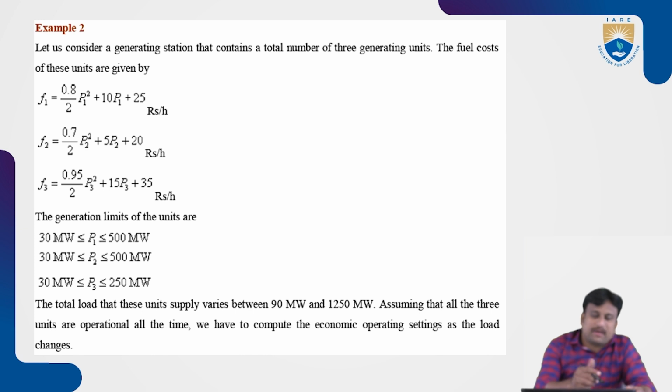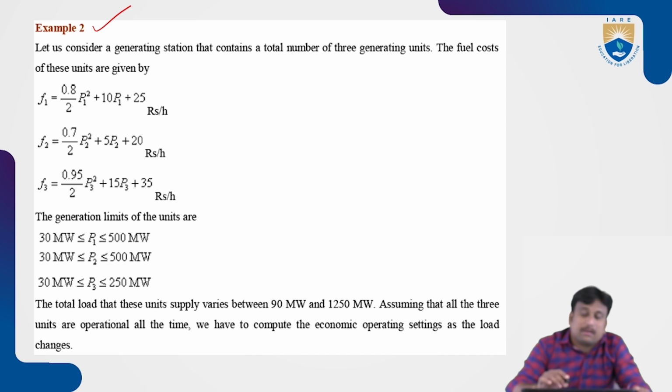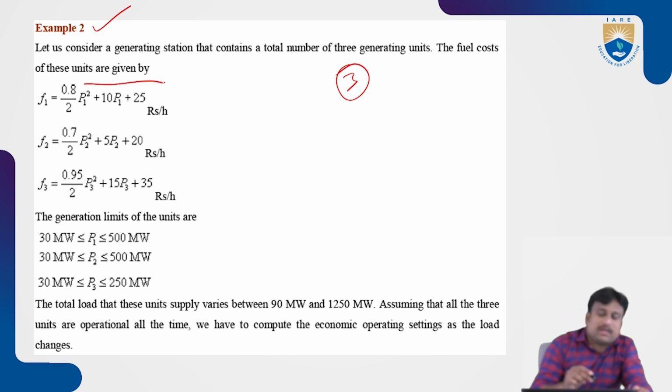Now, moving to the second example, let us consider a generating station with a total of 3 generating units. In the previous section we considered only 2 units; here the total number of units is 3. The fuel costs of these units are given by F1, F2, F3.